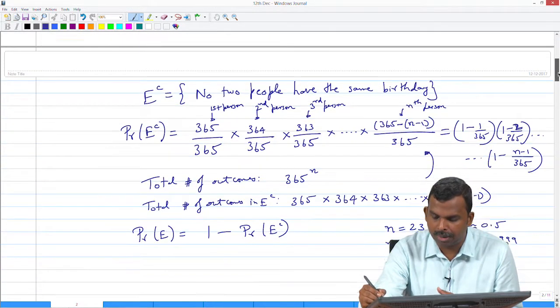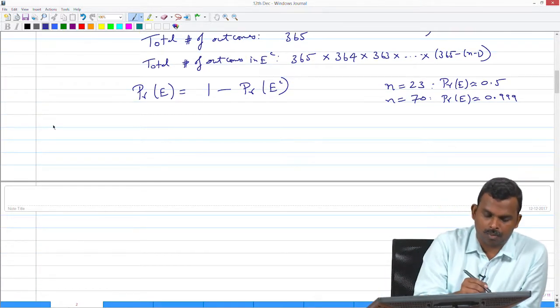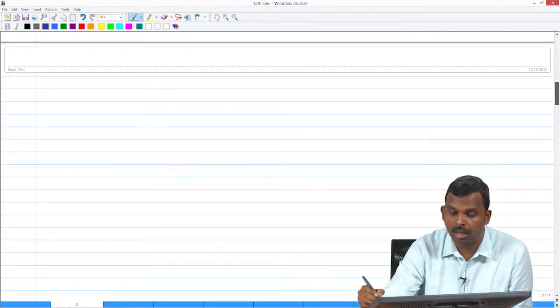One more, keeping up with this balls in bins example, I also want to show you one more nice way of thinking about this binomial model.